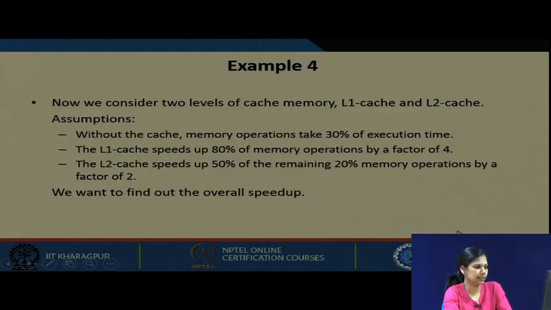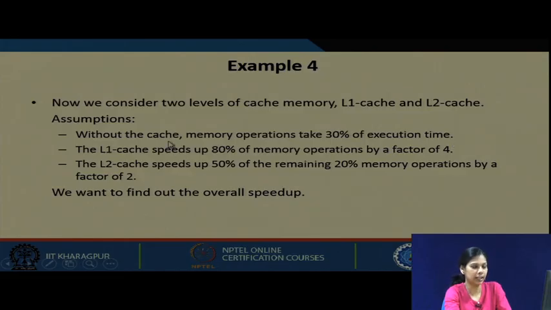Let us take another example where we consider two levels of cache memory, where the first level is called L1 cache and the next level is called L2 cache. What is the assumption? The assumption here is that without the cache, the memory operations take 30% of execution time.